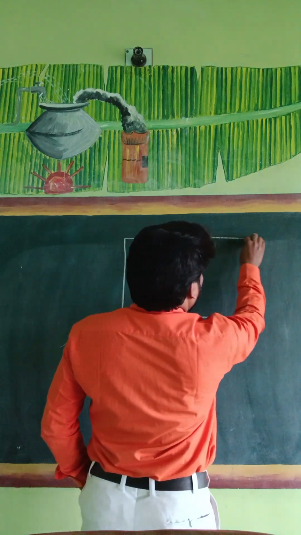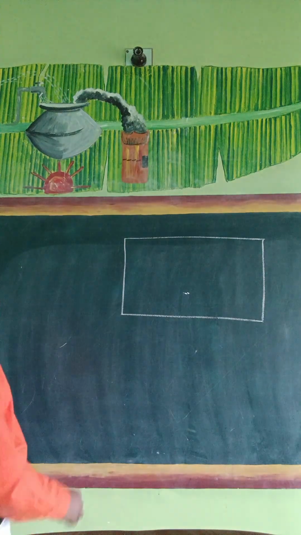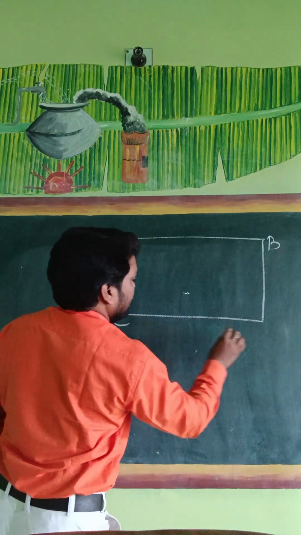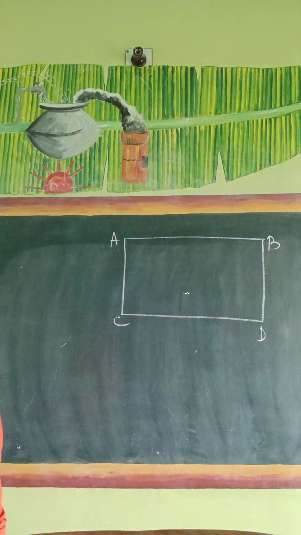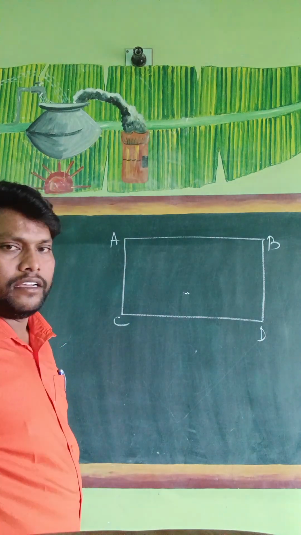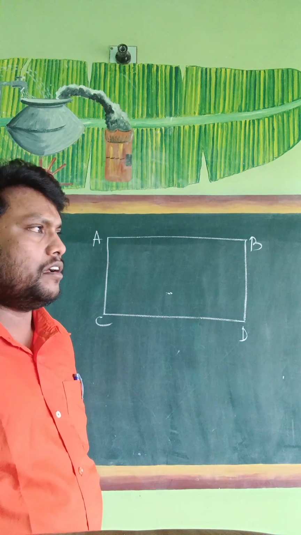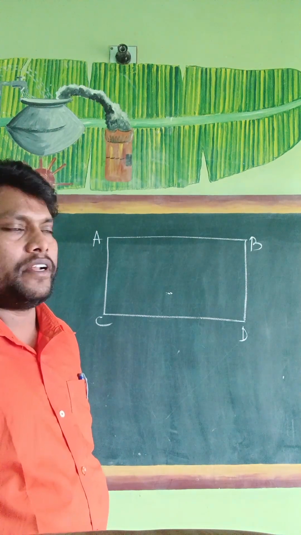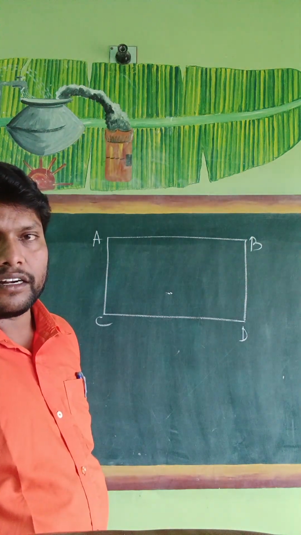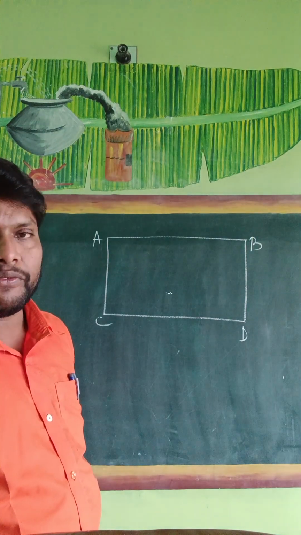Okay, suppose this is a rectangle. Suppose ABCD is a rectangular park. In the question paper you will observe that the problems may be of different types: rectangular park, rectangular field, square park, square field.